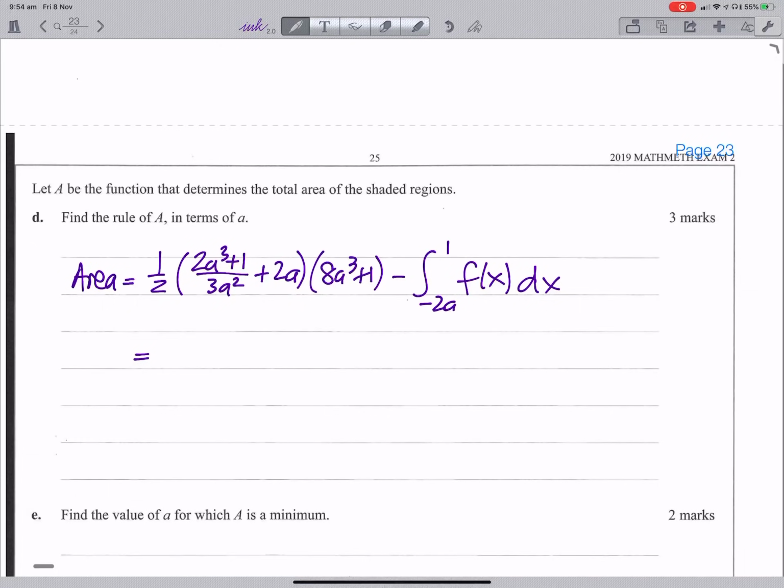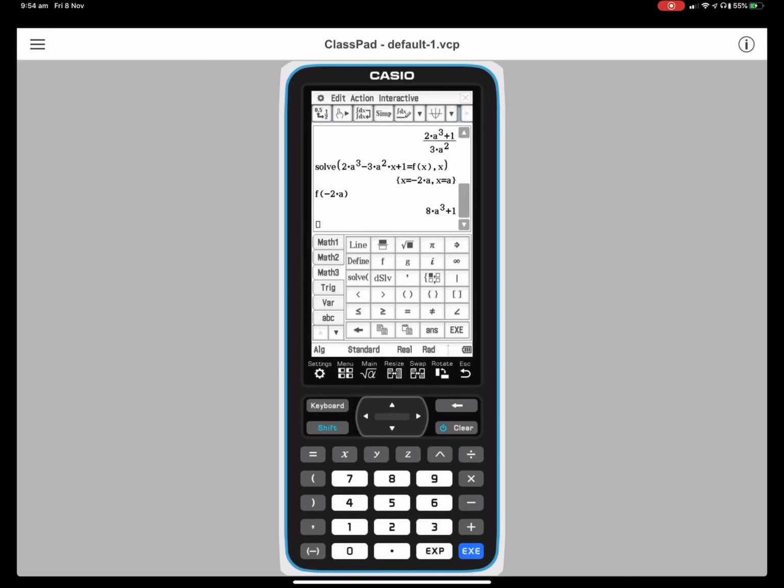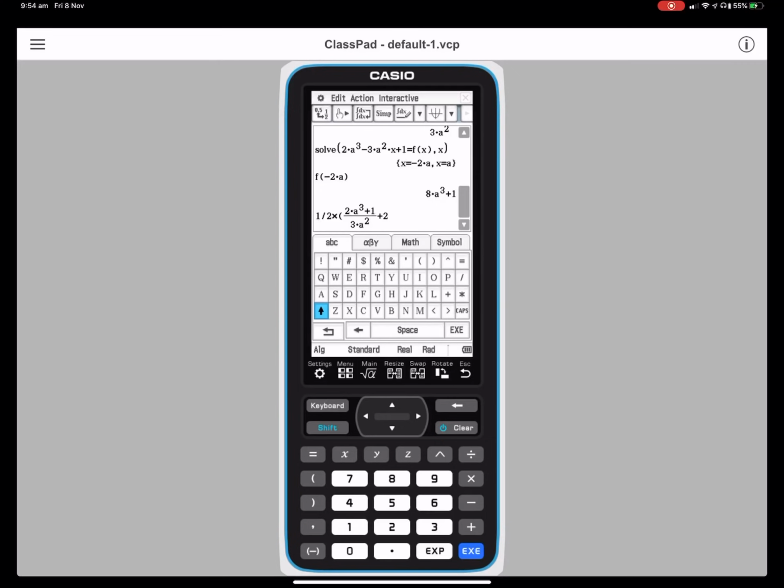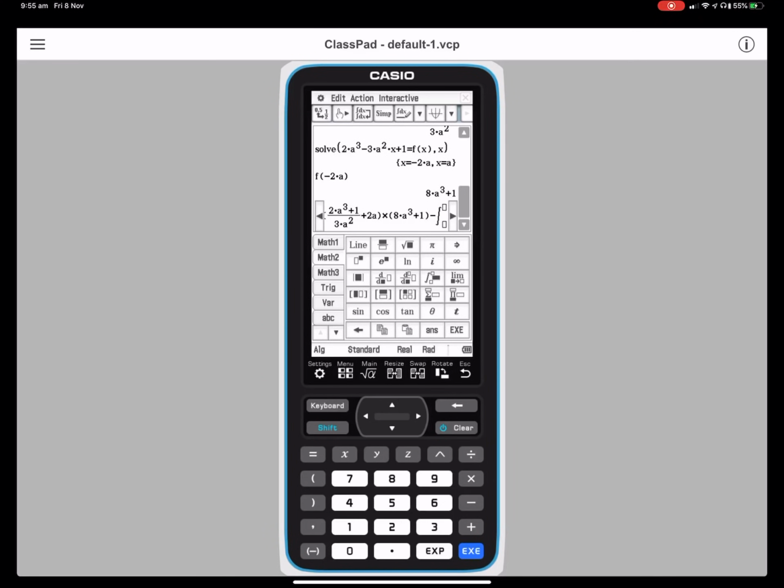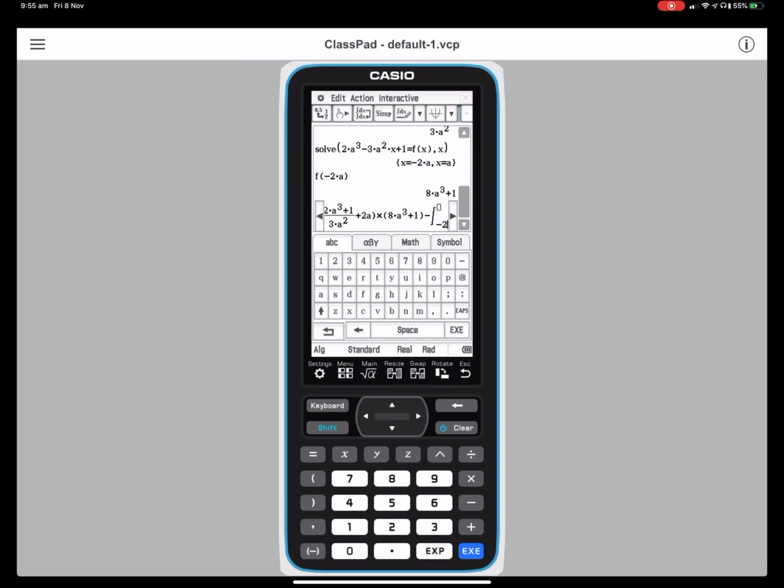Now let's make sure we don't stuff this up in the calculator. So 1/2 times bracket that value plus 2a times 8a cubed plus 1 minus the integral from negative 2a to 1 of f of x dx.